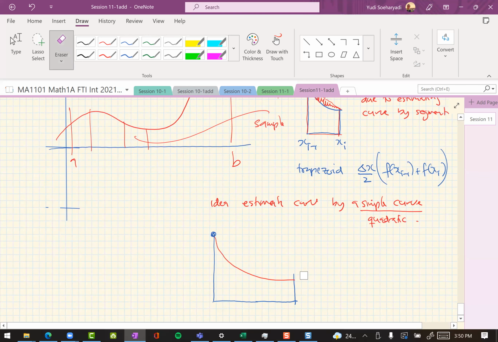And we need 3 points to determine a quadratic curve. Which ones? Well, this is one, and the midpoint.